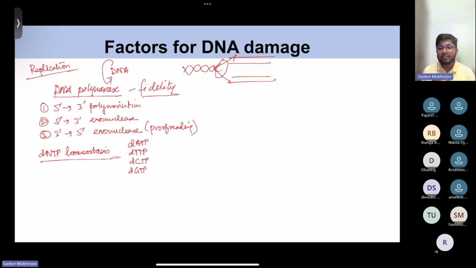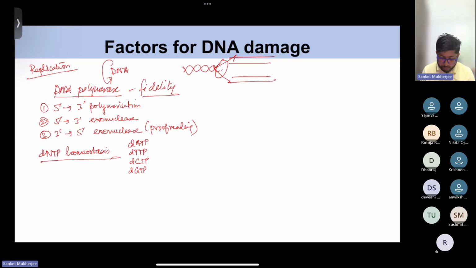These are the main bases present in an optimal amount in your cell so that they can be added as and when required. But if this homeostasis is disturbed, let's say there is a lack of availability of dATP, in such a scenario maybe instead of adenine, thymine is added. So this kind of disturbance in dNTP homeostasis could lead to replication errors.